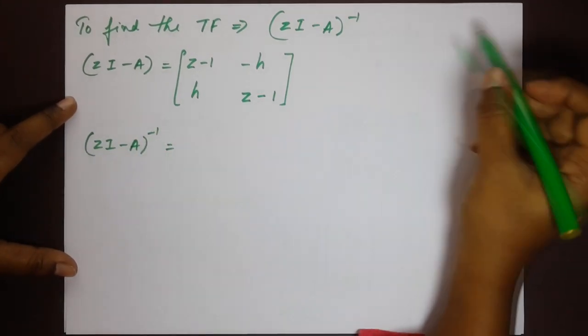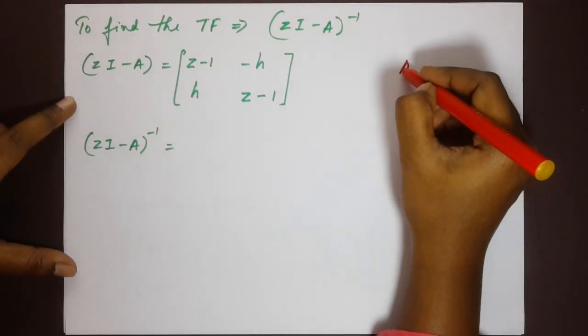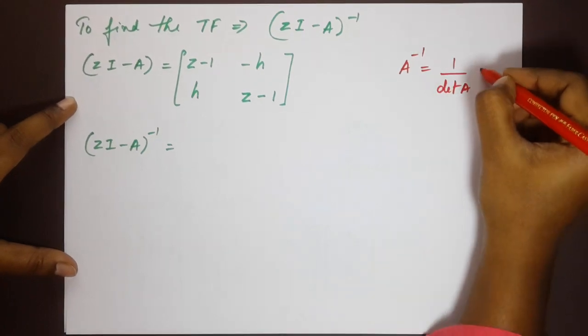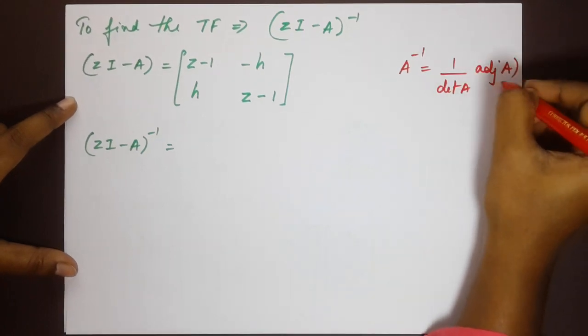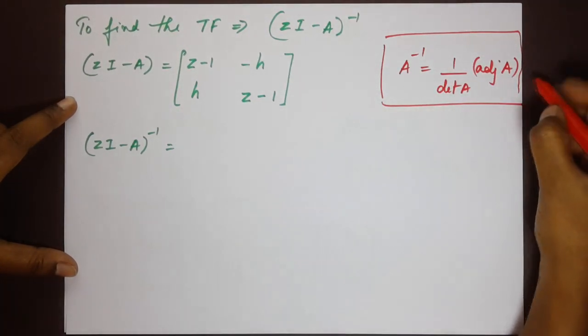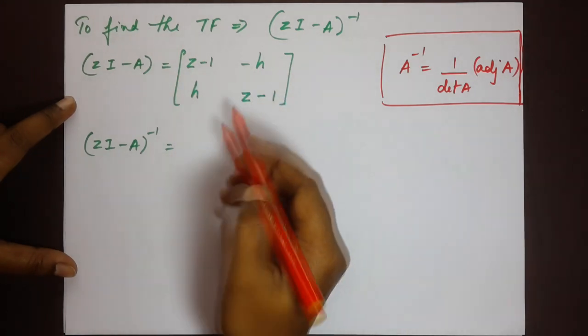So you know the basic formula for the inverse of a matrix, right? A inverse is equal to 1 by det A into adjoint of A. So we are going to use that same formula for this portion here.